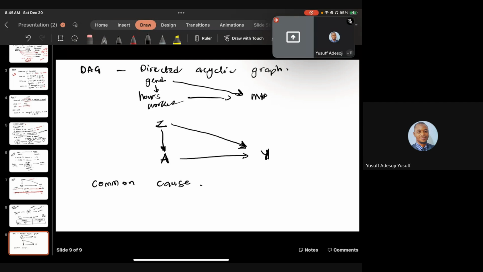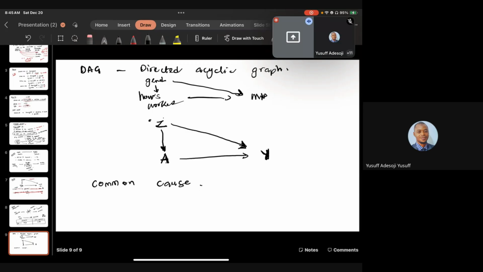Look, Z is related to A and Z is related to Y. Both the exposure and the outcome are sharing something which is a common cause, and this is the confounder. So that's another way to think about confounders.